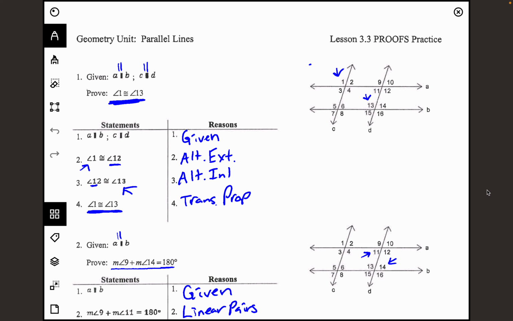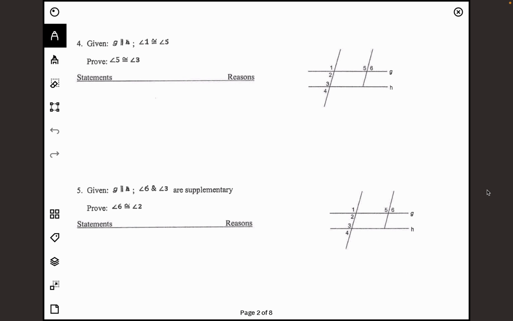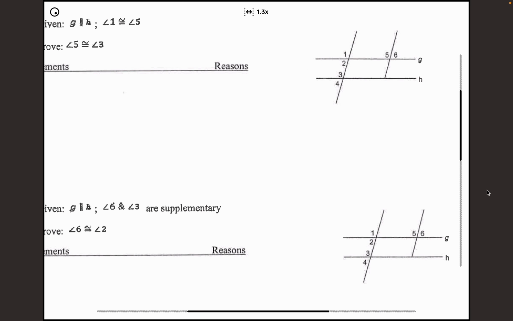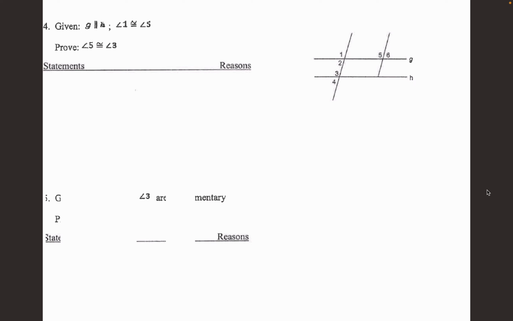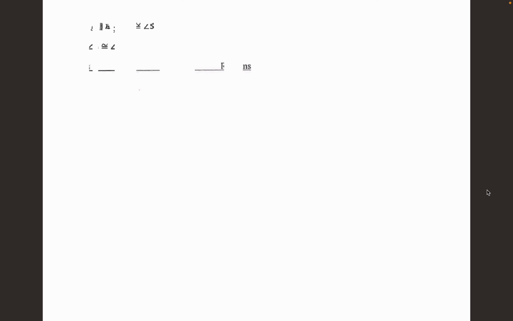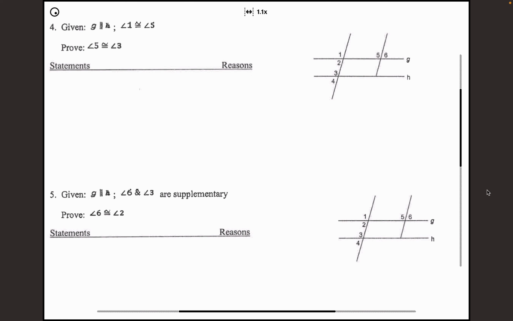Nothing's easy. I know it is. But that's why we're just doing it now to get out of the way. What do you mean? No, the next chapter is really easy. This is the hardest thing we learned all year. Pretty much, yeah.